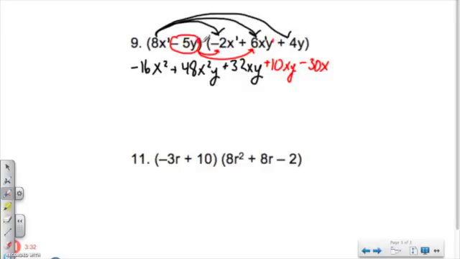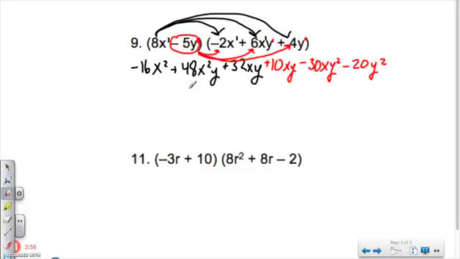So I end up adding those exponents and I get y squared. Right? And then the last pairing is to say negative 5y times 4y. Again, I've got negative 5 times 4, which is negative 20. And I've got y times y, which is going to be y squared.